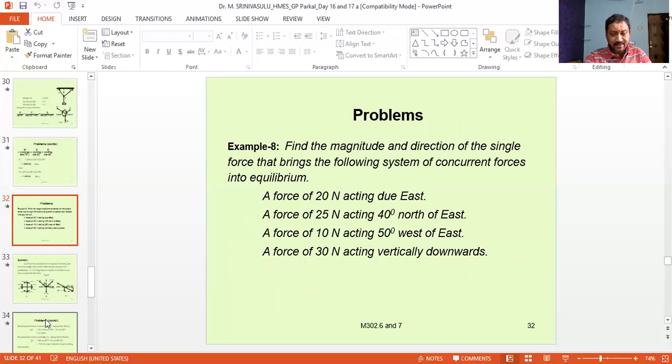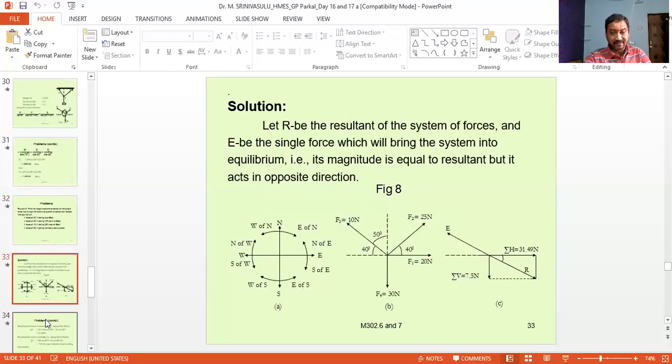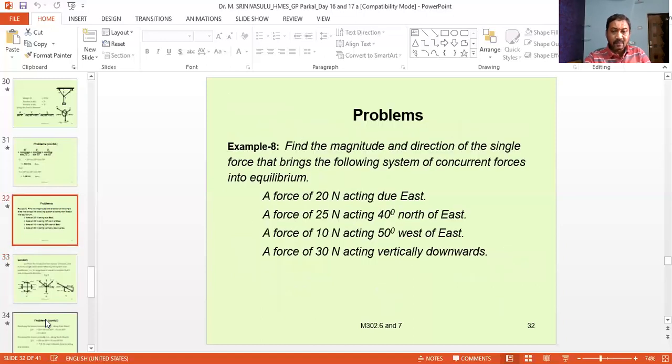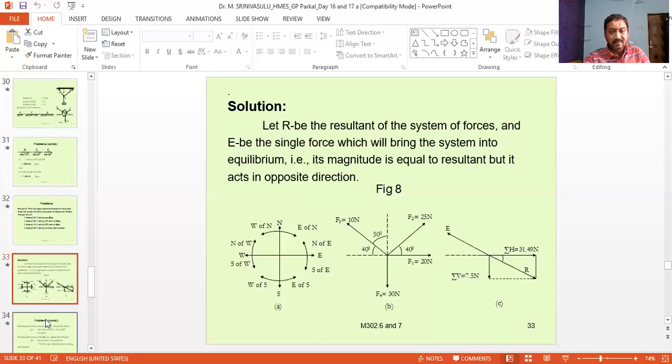So from east we should take 40 degrees. F2 is equal to 25 newtons, making an angle of 40 degrees from east.